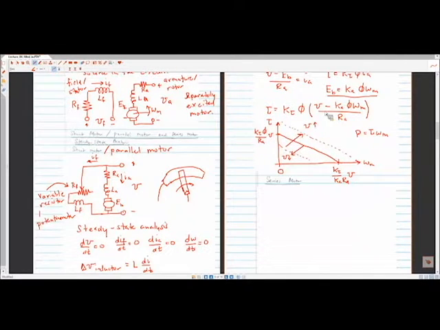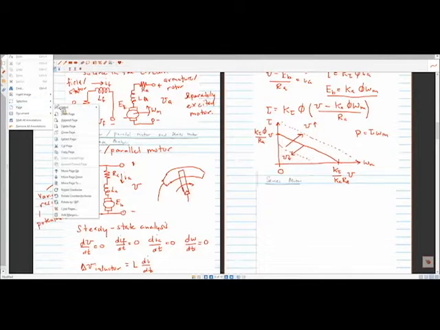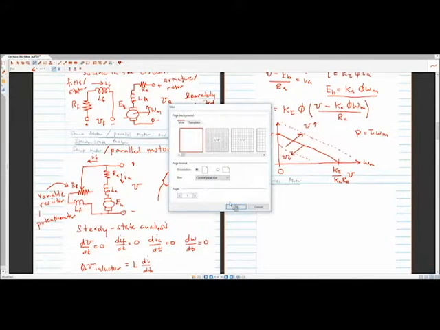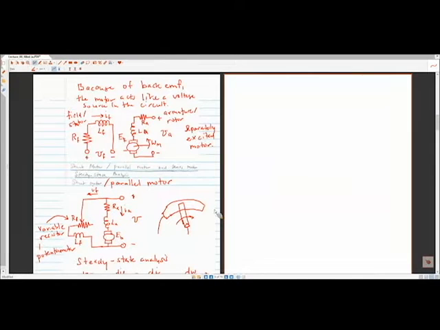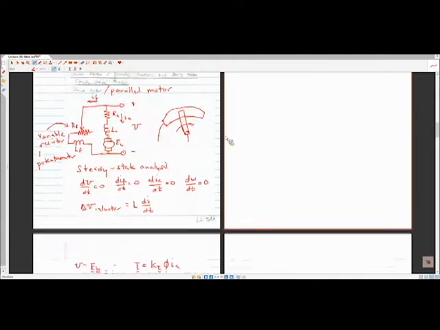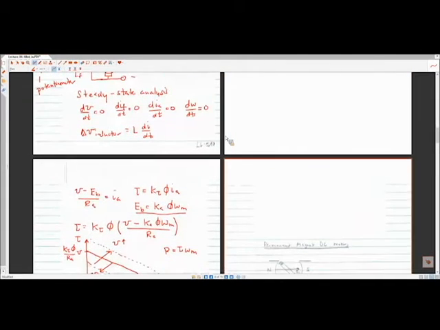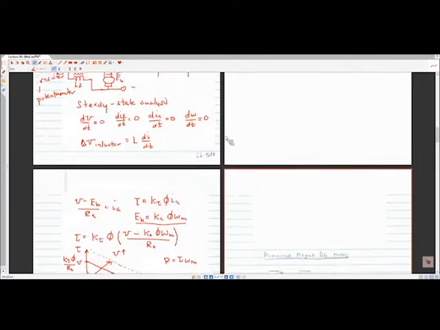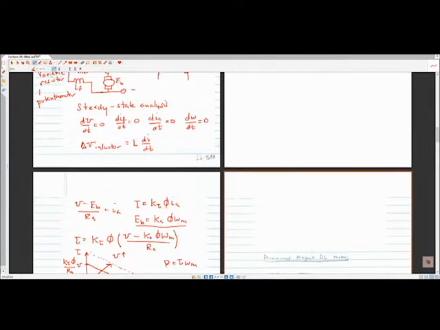Peak power. Sure, why not? Let's do it. So the question is what the peak power versus omega would look like.